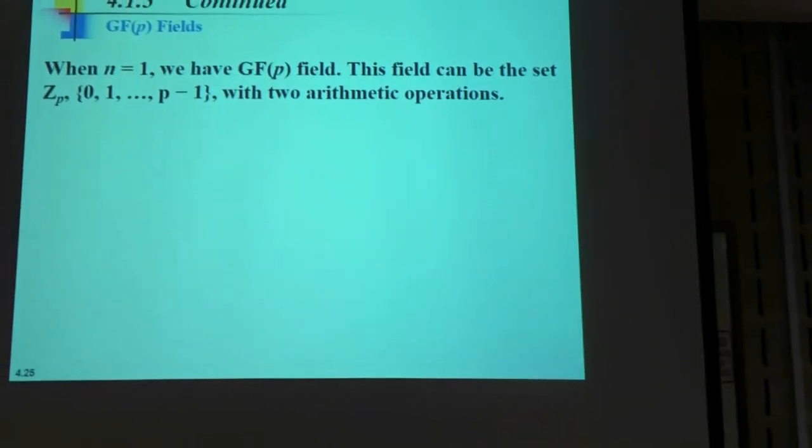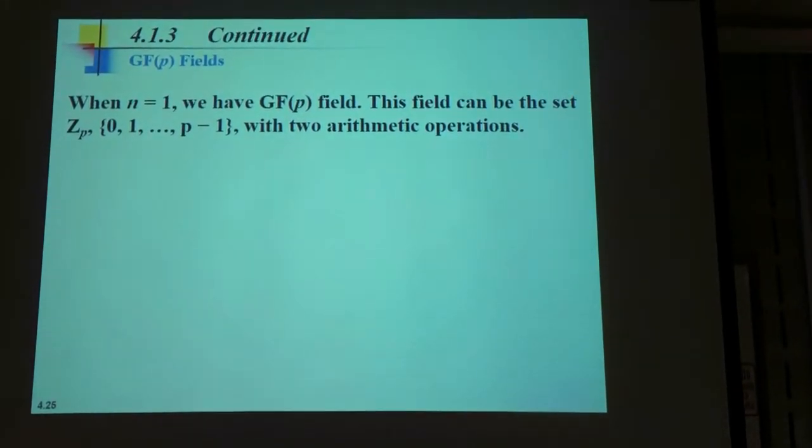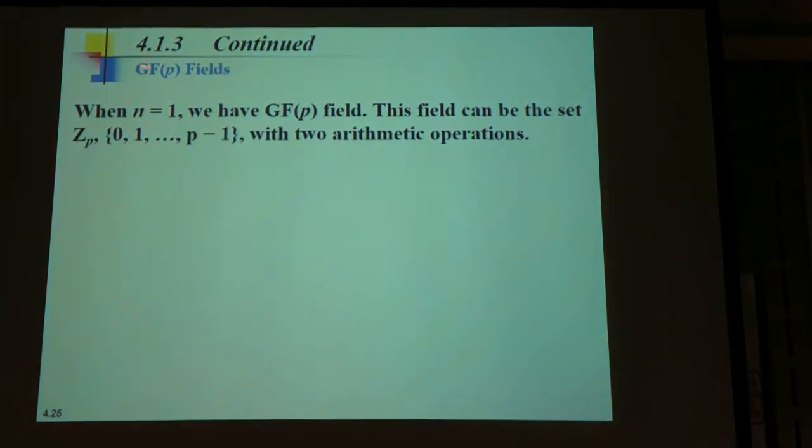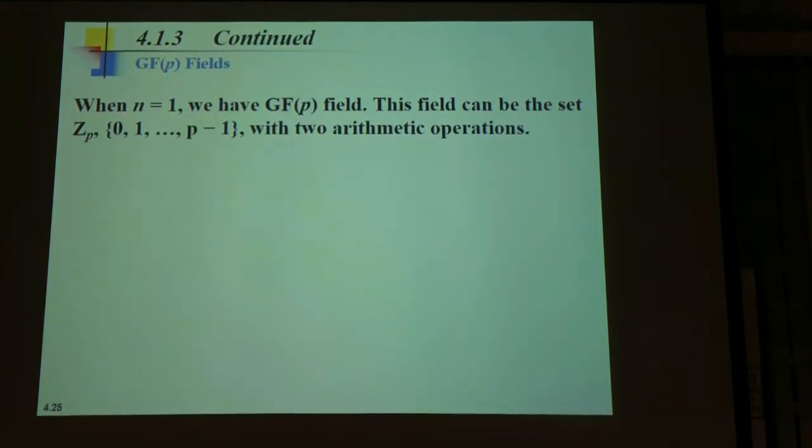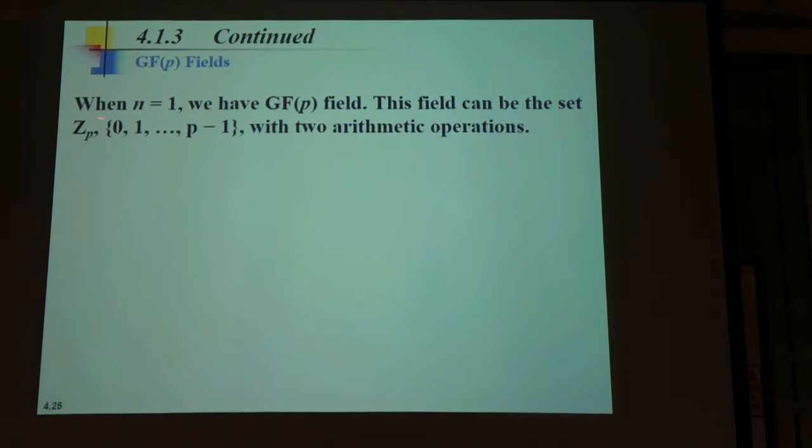All right. So when you look here, for example, the Galois field of p to the power 1, where p is a prime. When n equals 1, we have the field of p. This field can be the set 0, 1 to p minus 1.